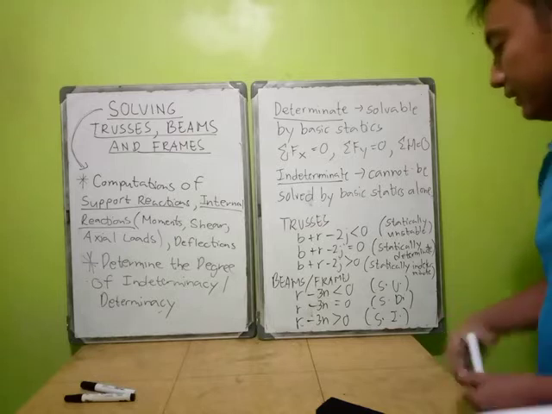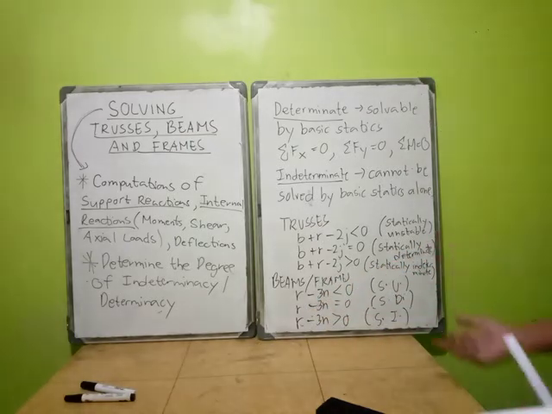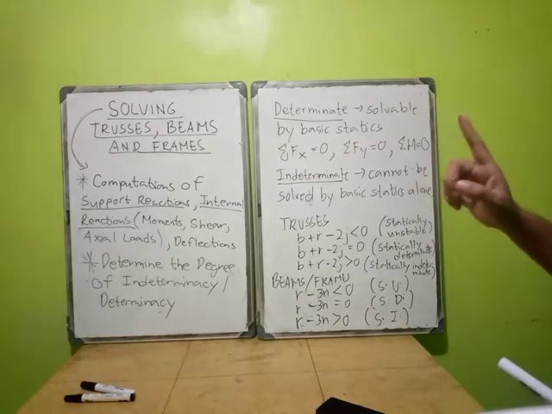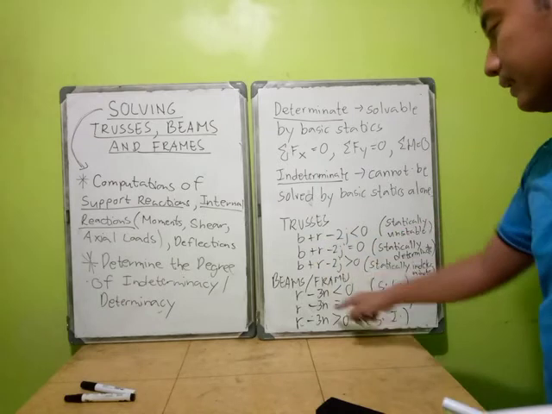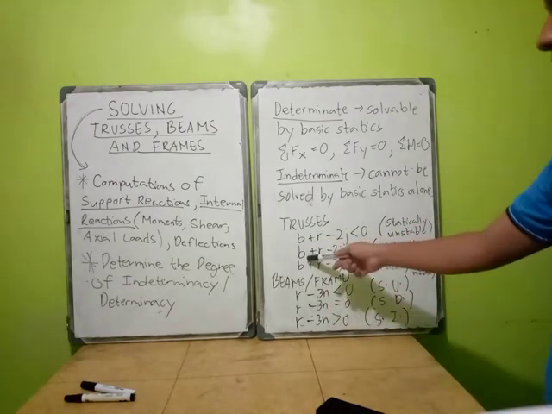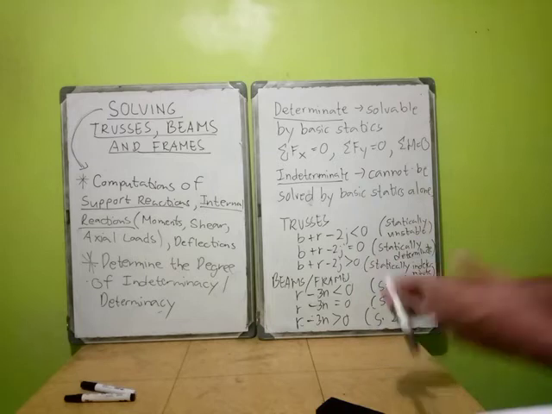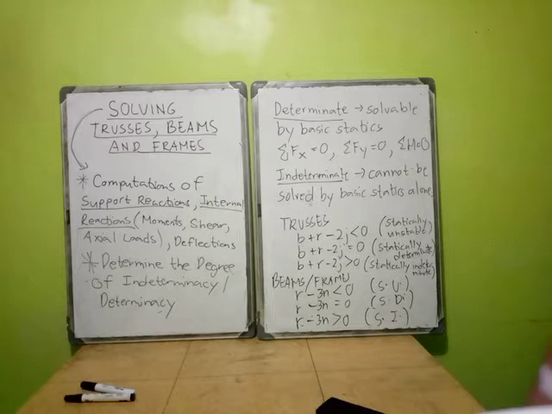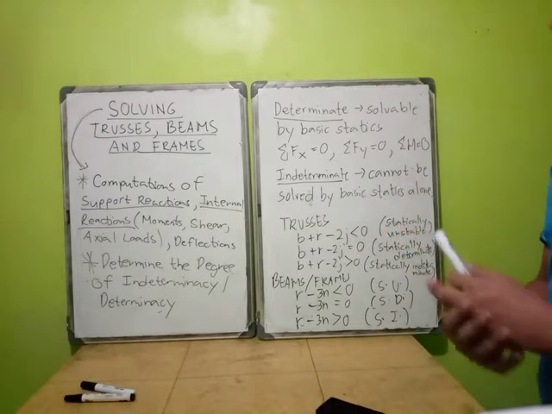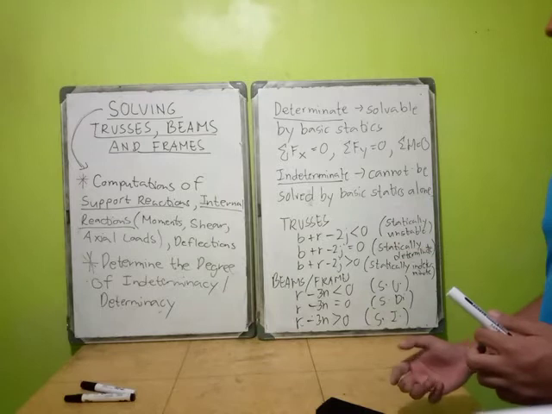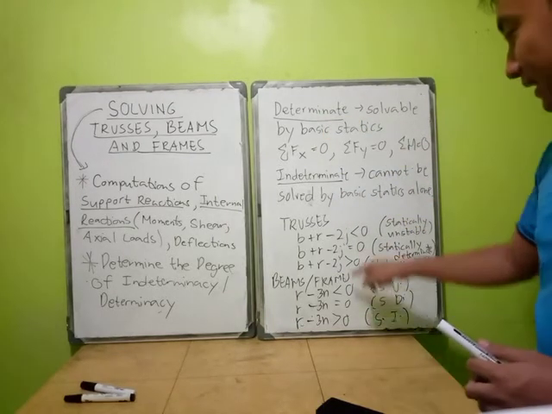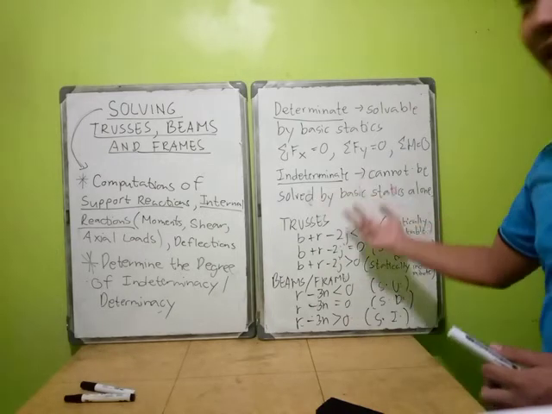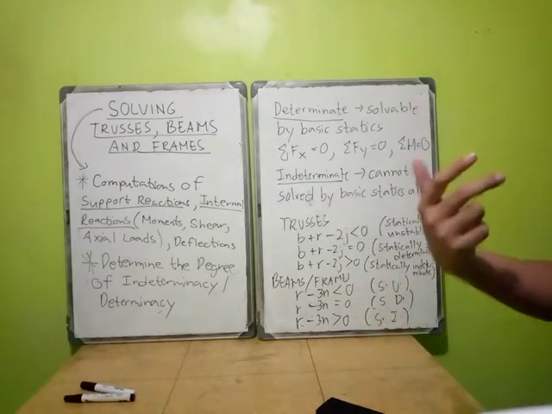Okay? So, yan. So, ano bang significance nito? Okay? So, ang unang konsentritan muna natin is itong nasa gitna ng trusses tsaka ng beams at frames. Itong for trusses, B plus R minus 2J is equal to 0. At ito sa frame, dapat R minus 3N is equal to 0. Okay? So, kapag na-identify mo na determinate siya, dapat nag-0 ang formula na to o depende kung truss o beams o frames yung isosolve mo.